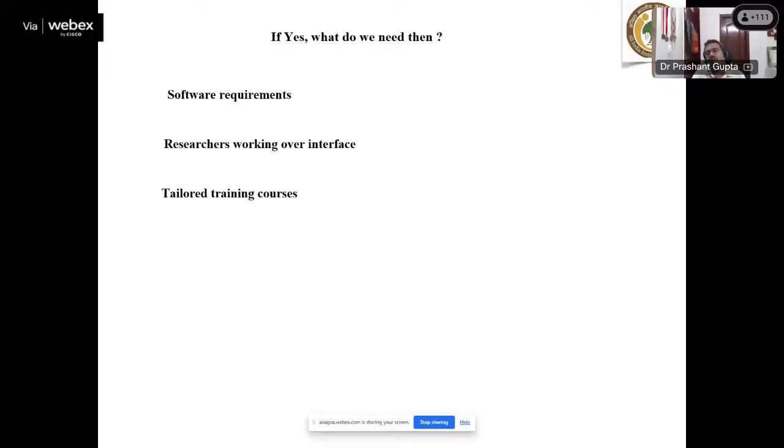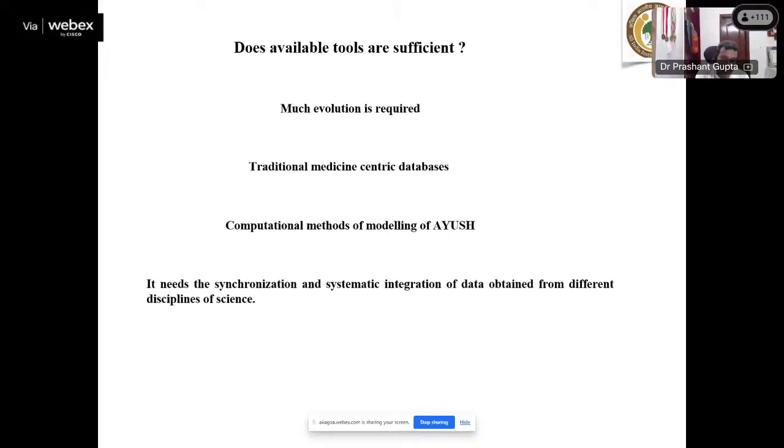We have developed a very beautiful guideline on how an Ayush person should go into computation. This is published in Phytomedicine Plus or something, which is also a very good journal. These are the SAPPHIRE guidelines, and the Gupta and Jaiswal guidelines, which we published with the help of NIPER.